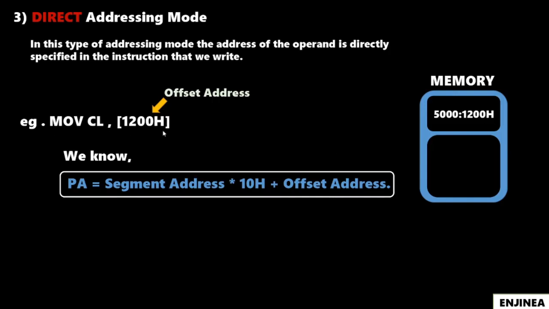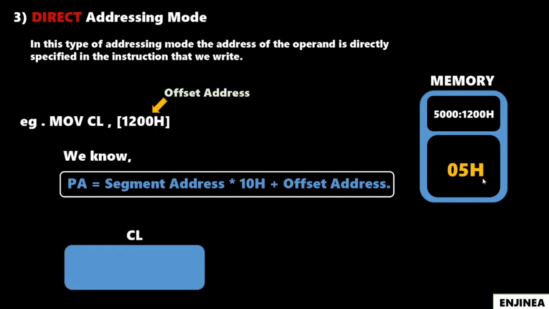What this instruction does is, suppose we have a value 05H inside this offset address. This instruction will take the value 05H and put it inside our CL register. To summarize, whatever value we have inside brackets is an offset address, and this offset address is written directly inside our instruction in order to access any element, which was 05H in this case.